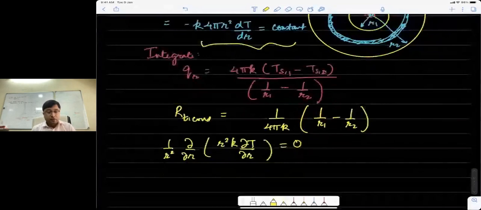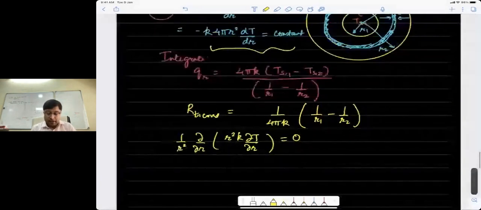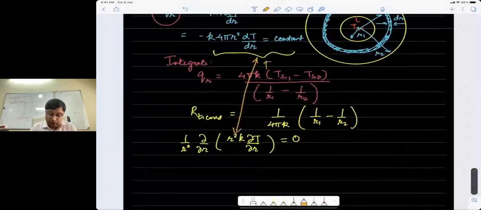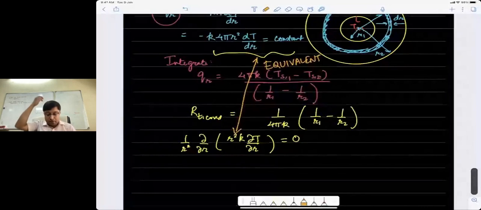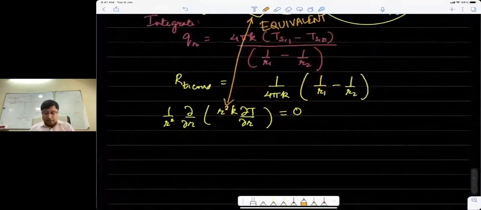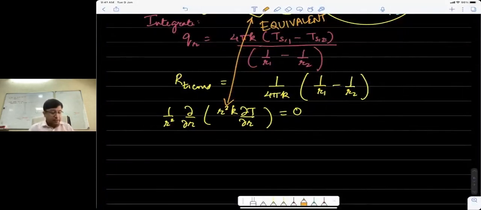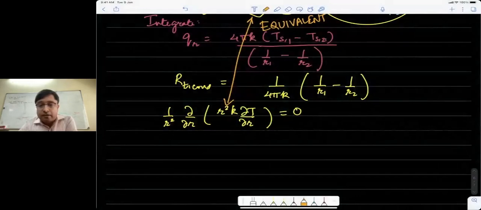These two are equivalent. In this case, I've just taken the other approach, which is energy conservation, as compared to going through the differential approach. So please try out the differential approach as well. Integrate this and see if you can get the same solution, and prove to yourself that this is how it should be. Okay, so thank you.